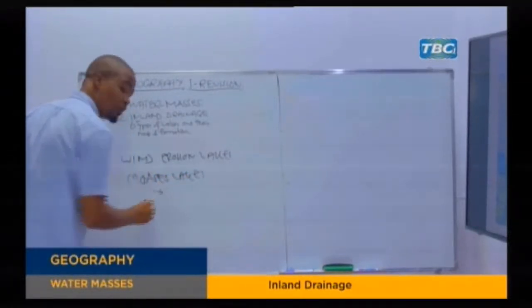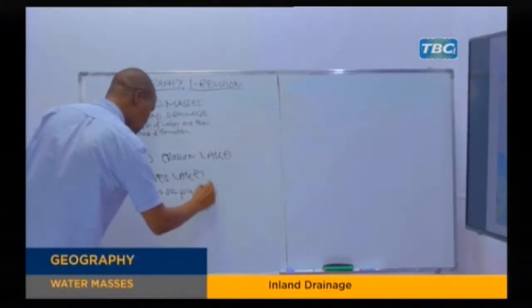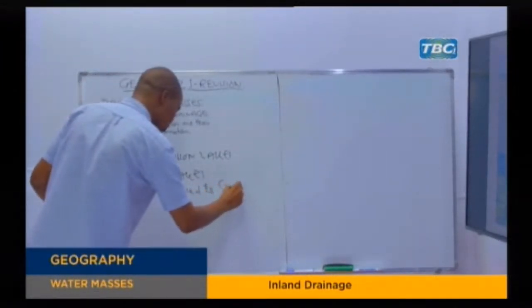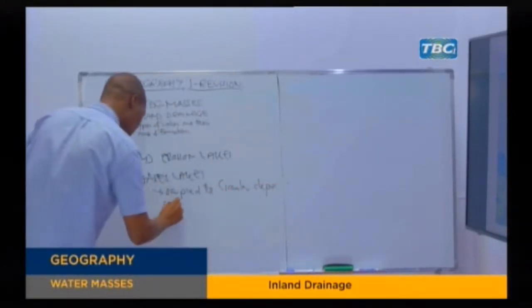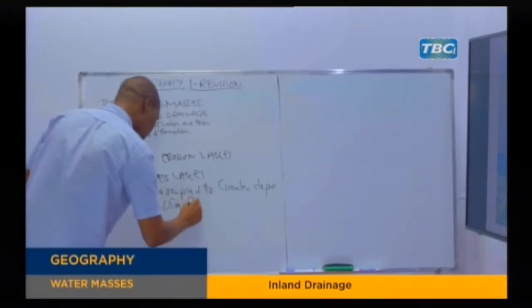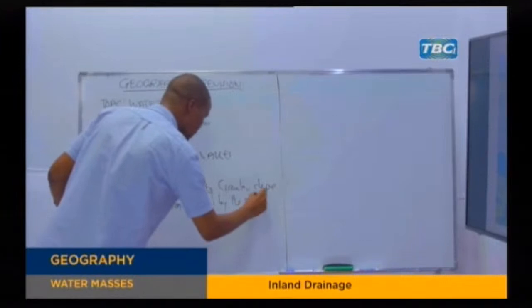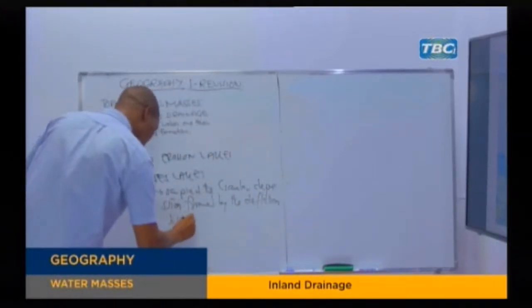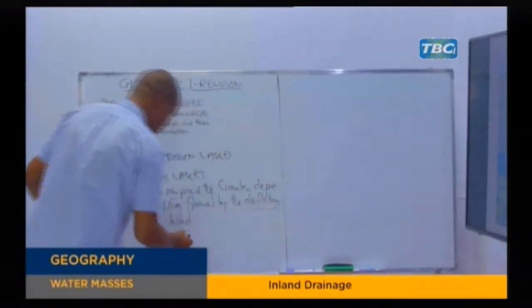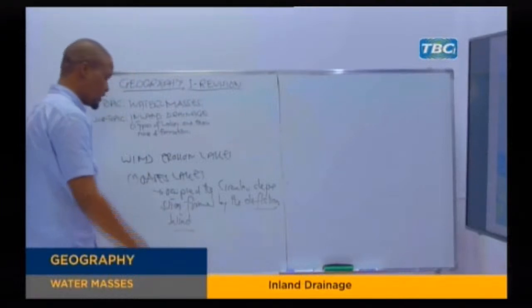These are lakes formed when water has occupied the circular depression formed by the deflation wind. Are you together? The deflation wind is a wind which blows, circulating in a circular way.